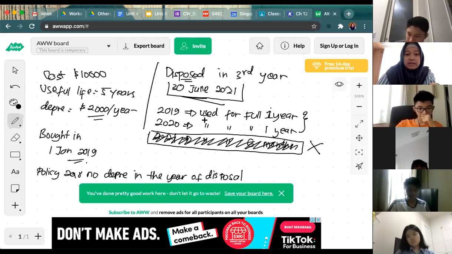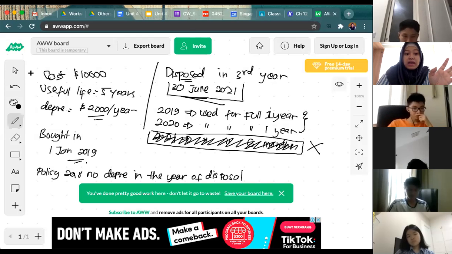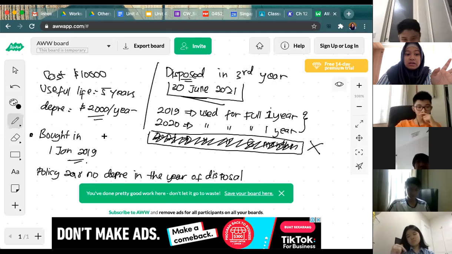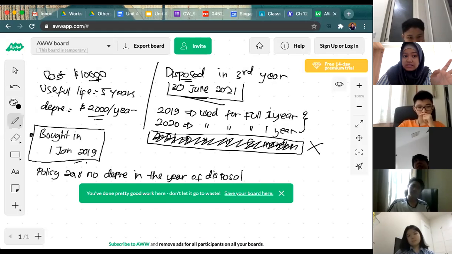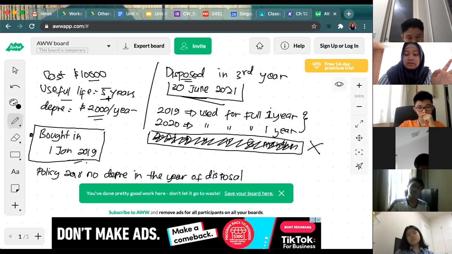Ini example-nya ya. Again, I'm using the previous example. We bought an asset on 1 January 2019. Purchasing price is 10,000. Useful life is 5 years.